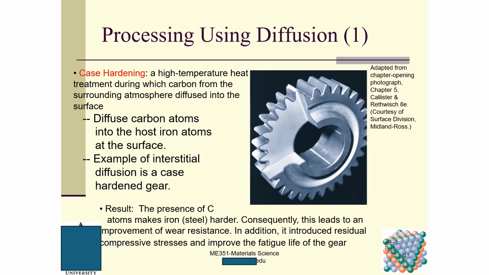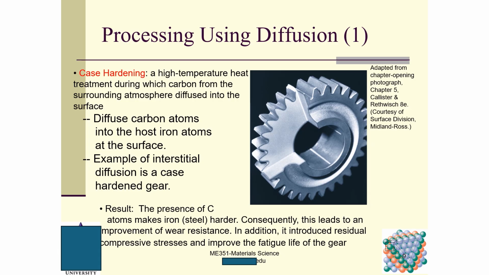So we can achieve interstitial diffusion if we put iron atoms and these carbon atoms together. These carbon atoms can be provided in the form of gas, for example methane, CH4, or a liquid. It can be a liquid, or it can be a solid also.